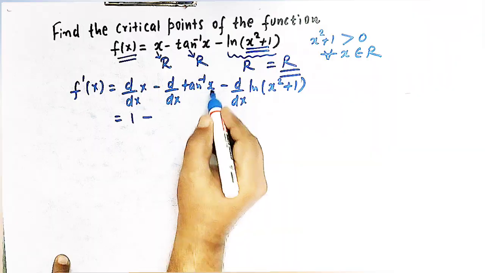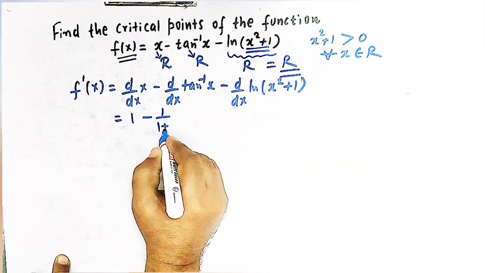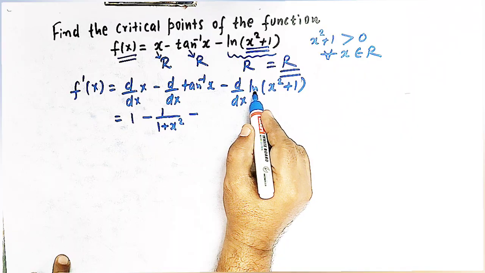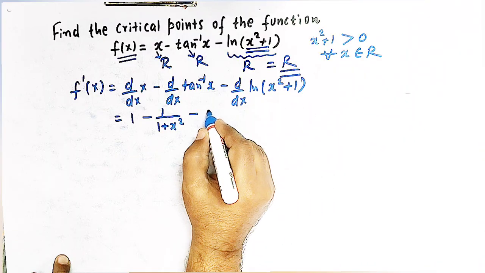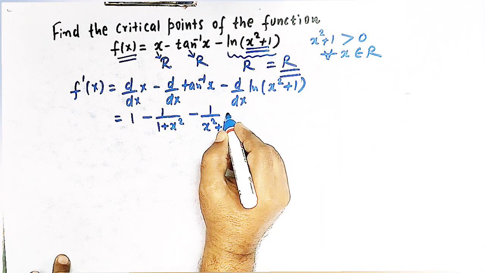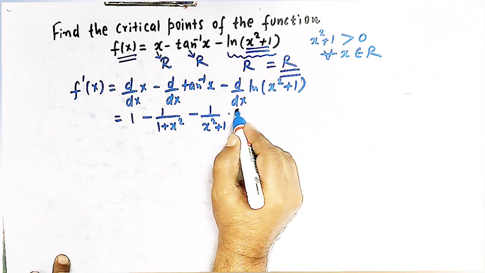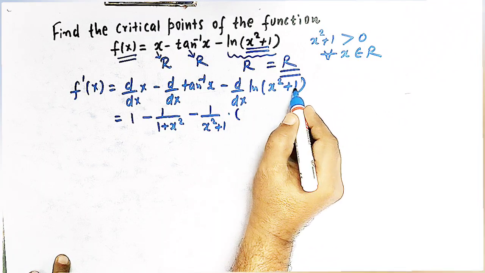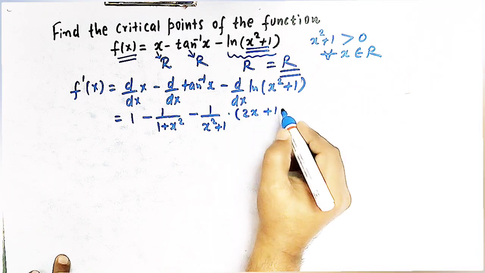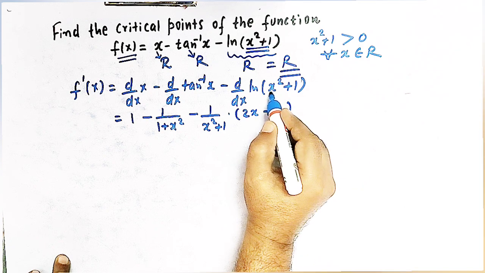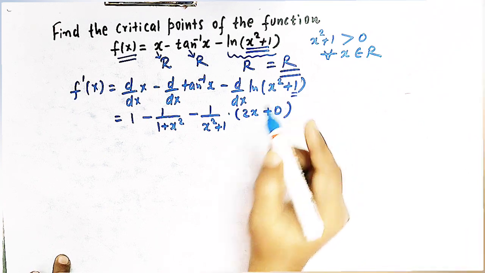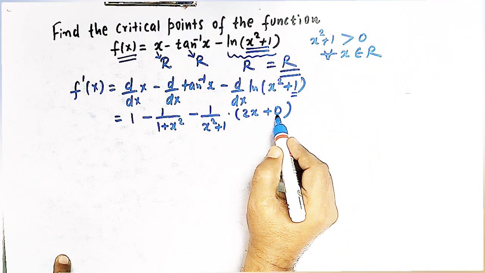The derivative of tan inverse x is 1 over 1 plus x square. And the derivative of natural log of x square plus 1 is 1 over x square plus 1, and then by chain rule, the derivative of x square plus 1 is 2x plus 0, right? Because the derivative of x square is 2x, and the derivative of 1, being a constant, is 0.